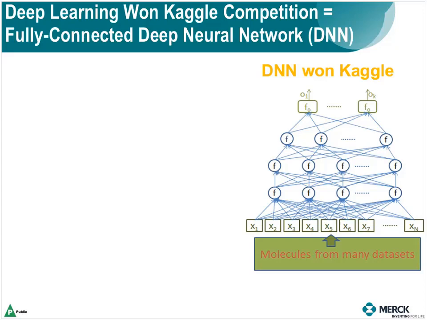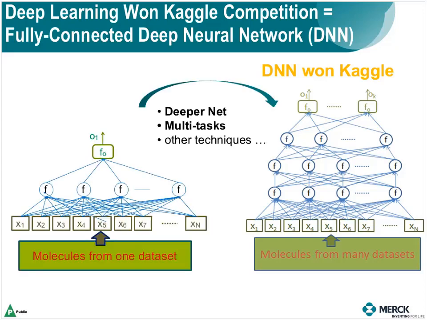What's unique about it is here. Traditionally, deep learning was done like this: just one hidden layer, which is not deep. So with 1 hidden layer, this is not a deep neural net. And also the output is most of the time just one task.